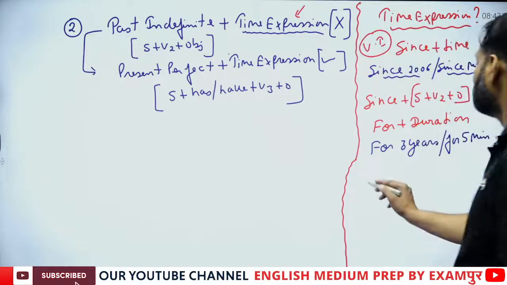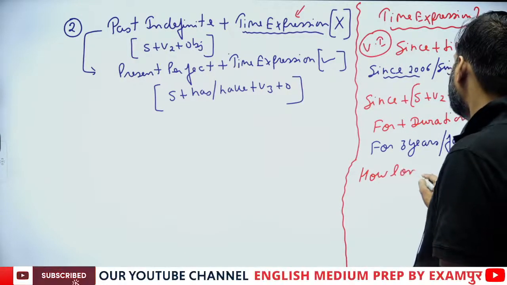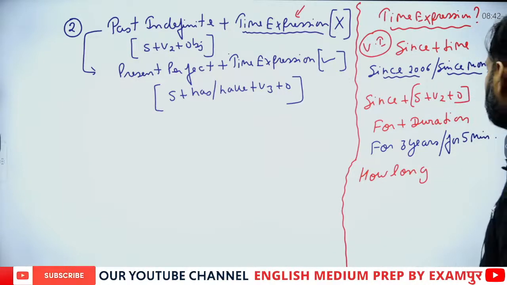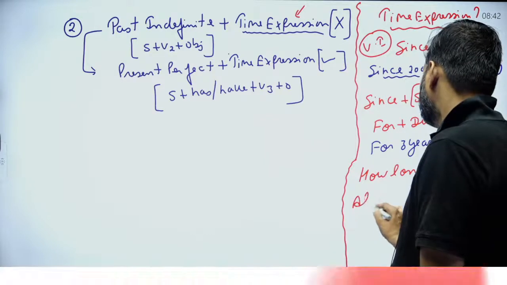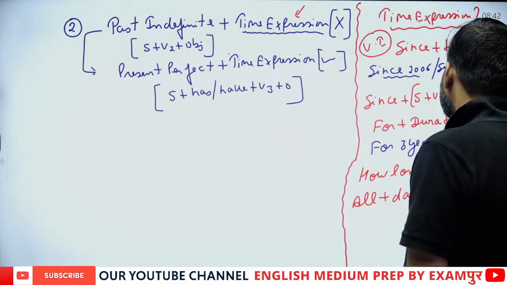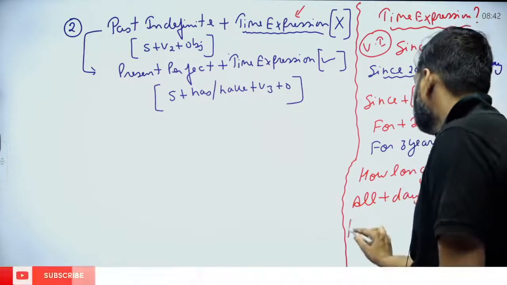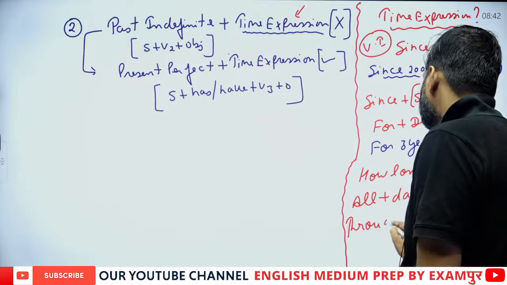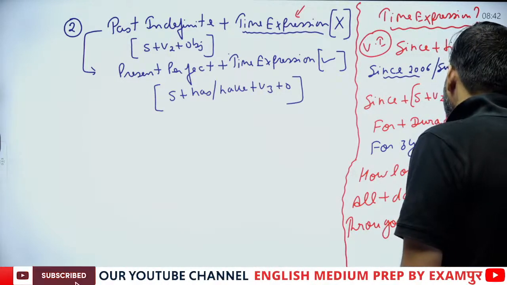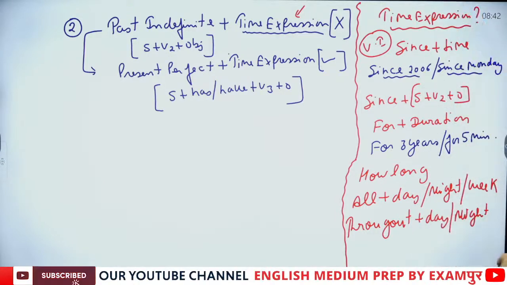Okay, besides this, how long is also a time expression. And all plus day, night, week, etc. or throughout plus day, night and week, etc. All these are time expressions.